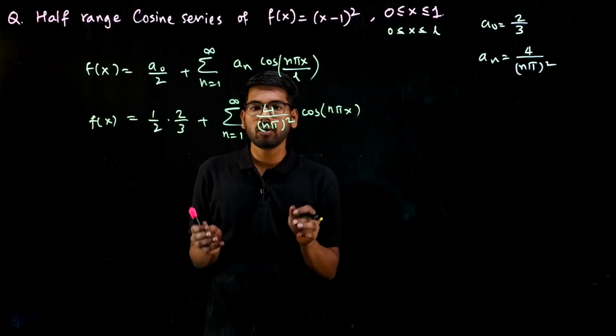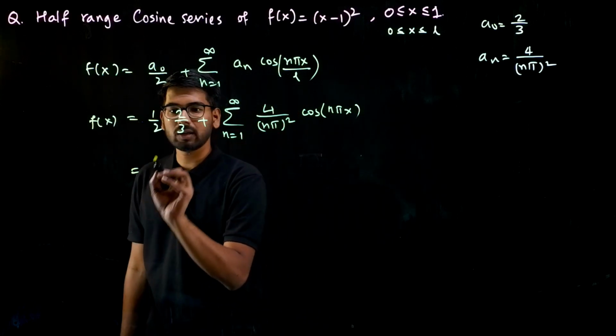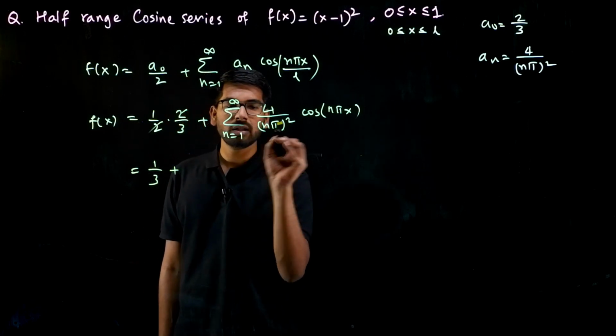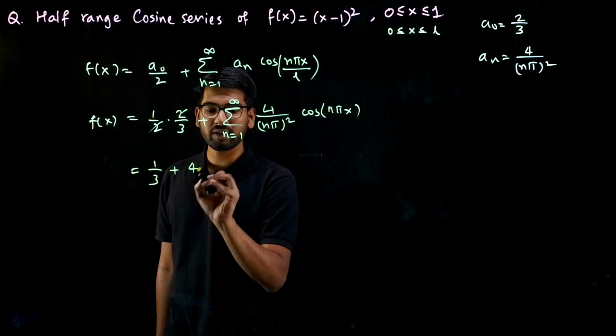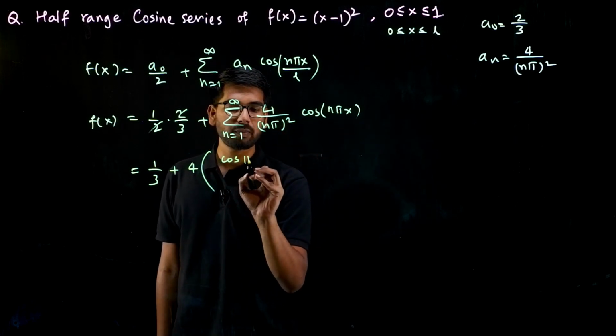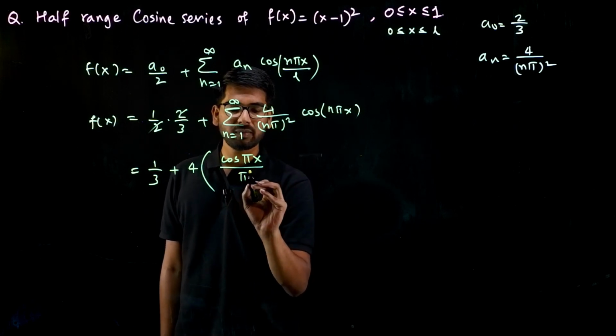You can even go one step further and expand it and keep it like this. So we'll get 1 by 3 here, right? 2 and 2 get cancelled. Plus, if you substitute 1 in place of n, first I'll take 4 outside. Substitute 1: cos pi x by 1 pi square. So that is pi square.